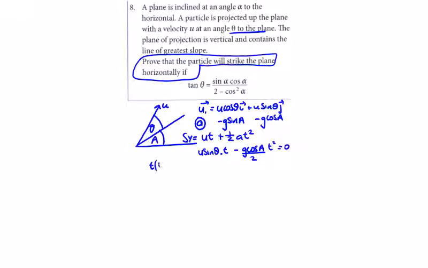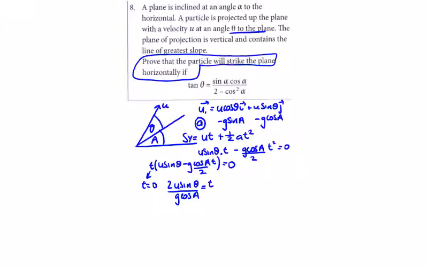Factoring out my t, I'll get u sine theta minus g cos alpha times t over 2 equals 0. So my initial time equals 0, or we'd have to multiply across by 2 and divide by g cos alpha to get the time of flight.